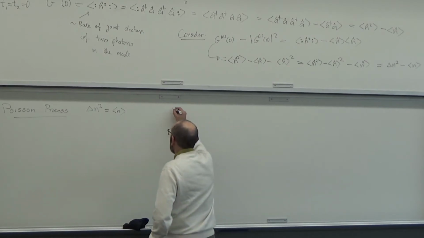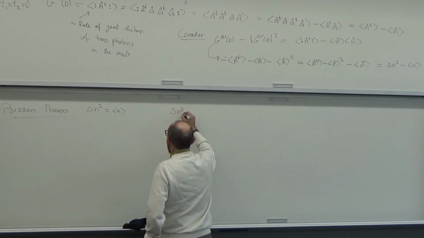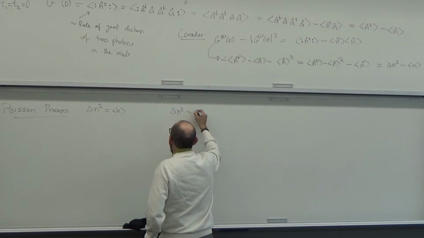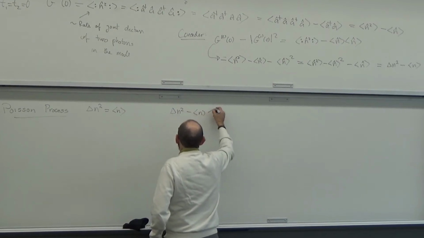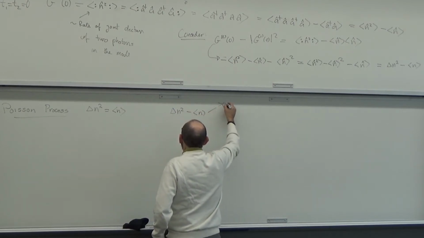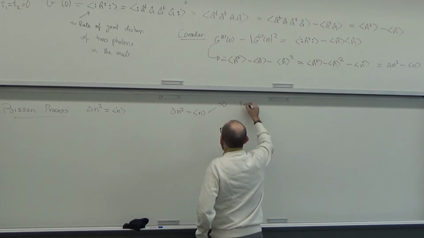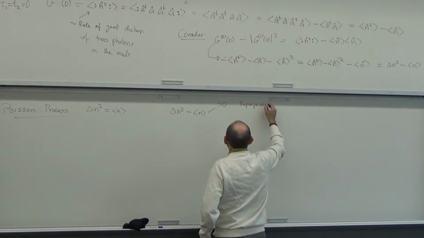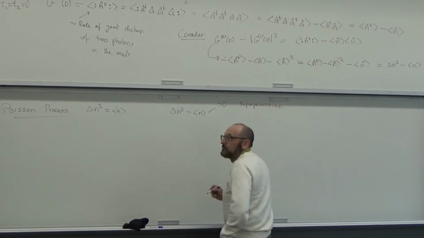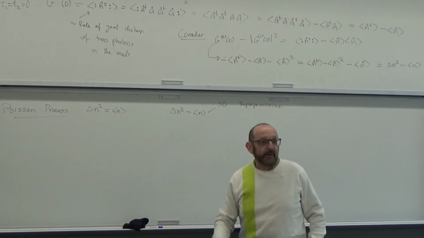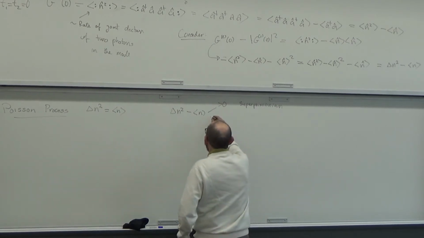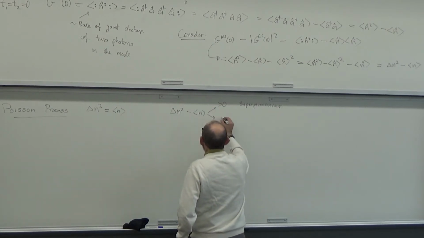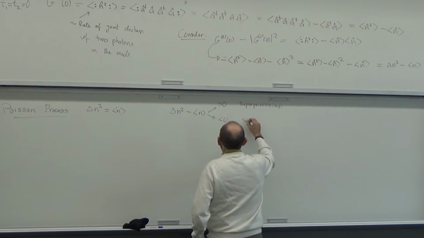So the difference between the fluctuations and n, if it's greater than 0, we call it super-Poissonian, meaning more fluctuations than a Poisson distribution. And if it's less than 0, we call it sub-Poissonian.